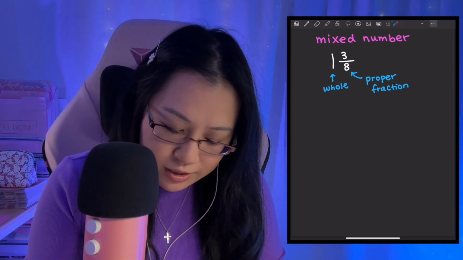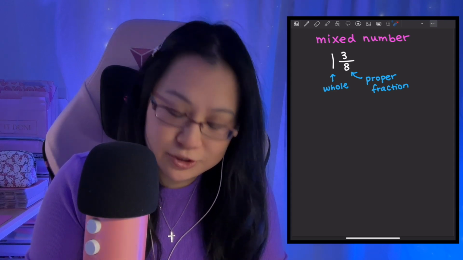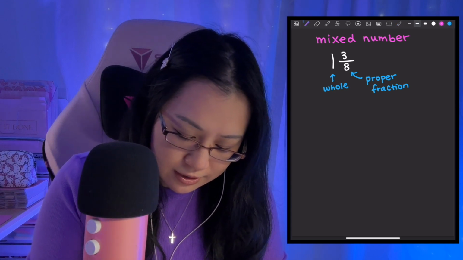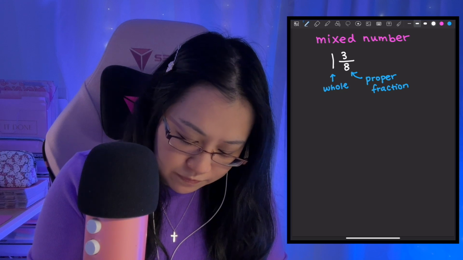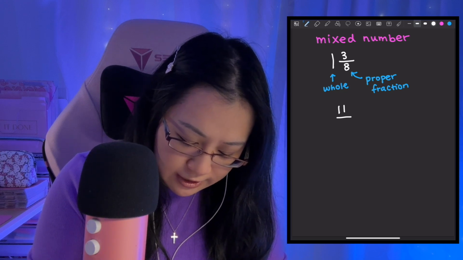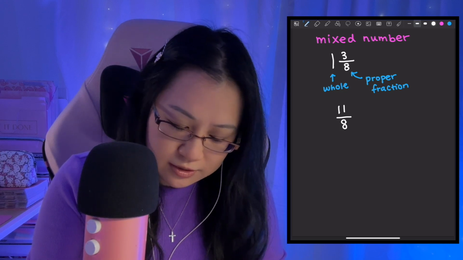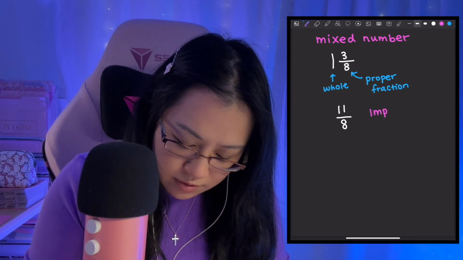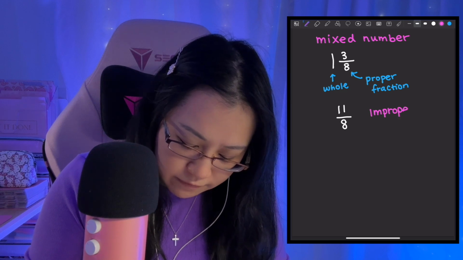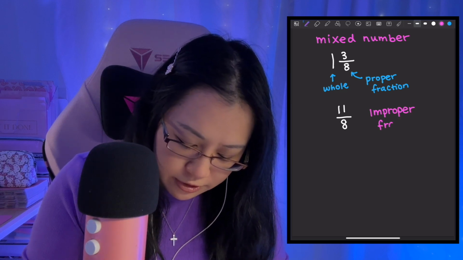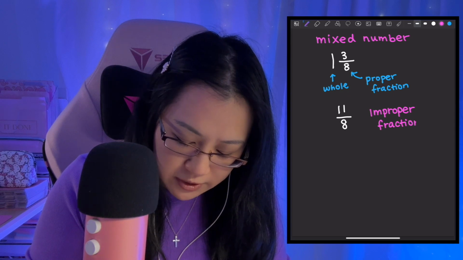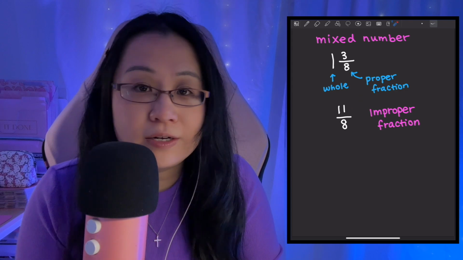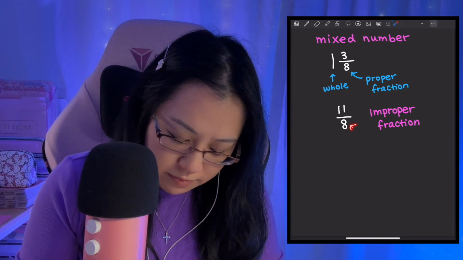And when I talk about an improper fraction, that's just the opposite of this. I might have something like, let's say, 11/8. Okay, this is an improper fraction. Just being the opposite of a proper fraction, it just means that the numerator, the top number, is greater than or equal to the bottom number, the denominator.